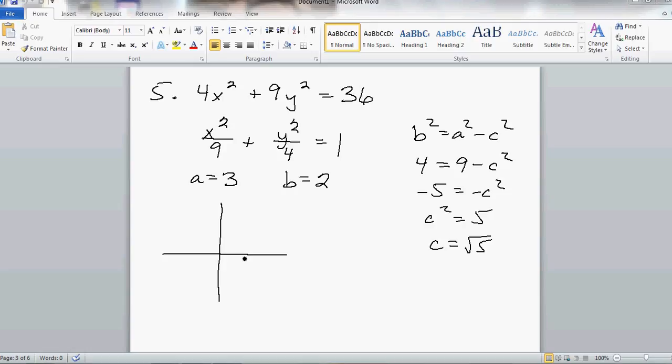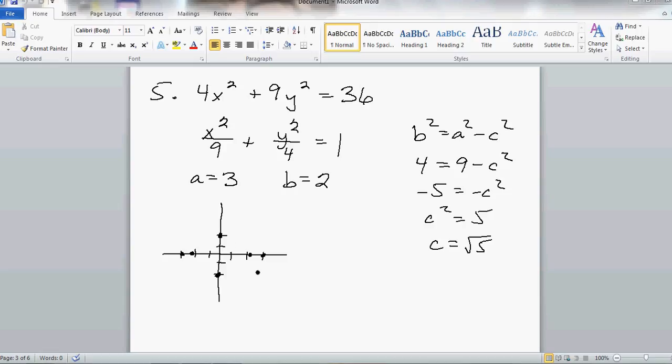We know the major axis goes out 3 for the vertex in both directions. The minor axis is going to be 2, because that's what B represents. And C, the focus, will be at root 5, which is slightly above 4 and slightly below negative 2.